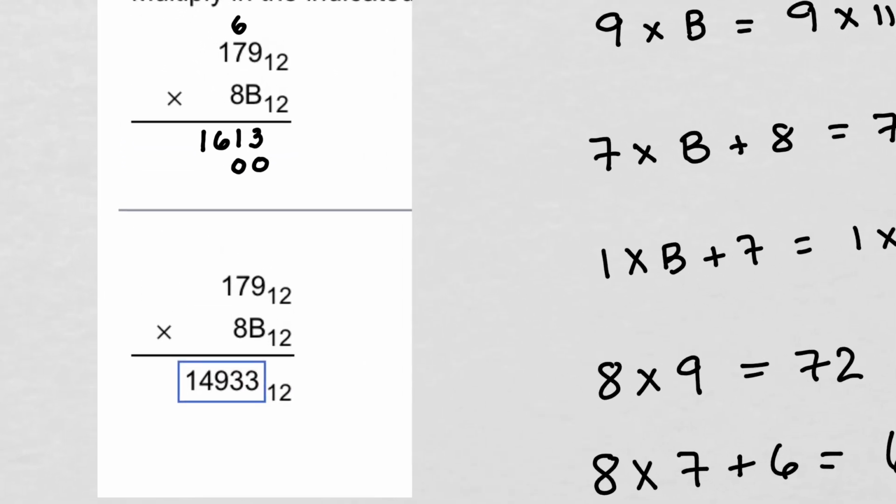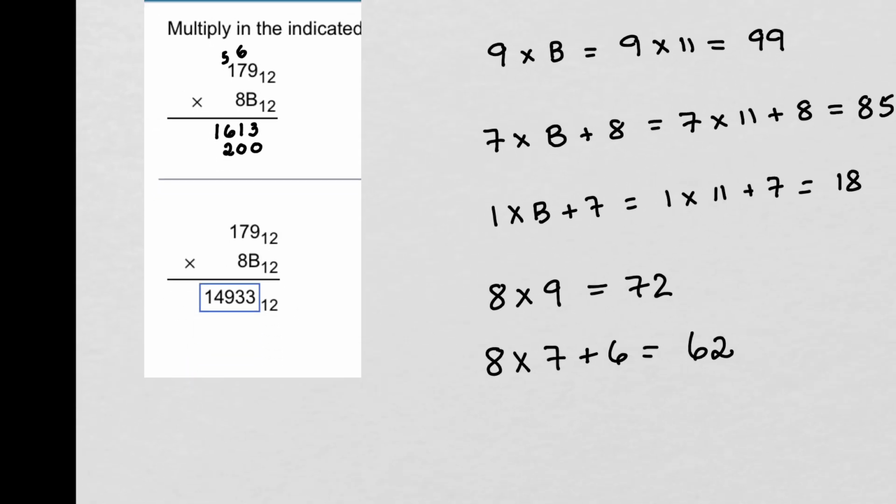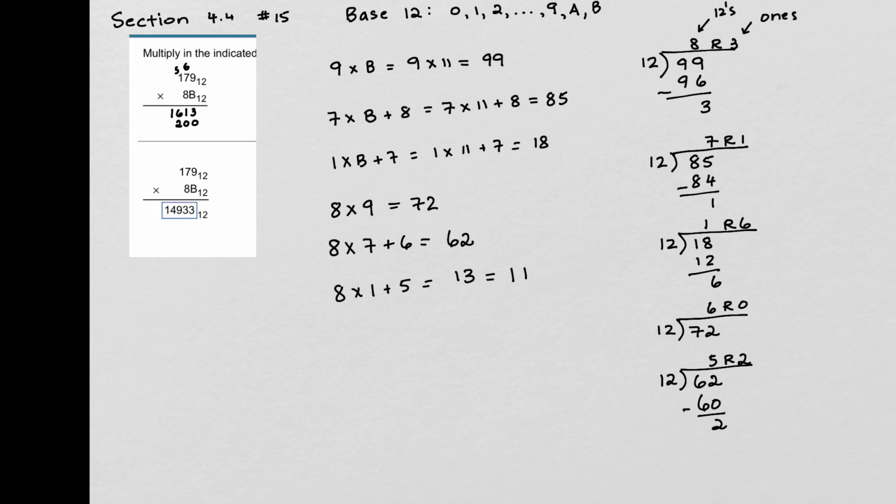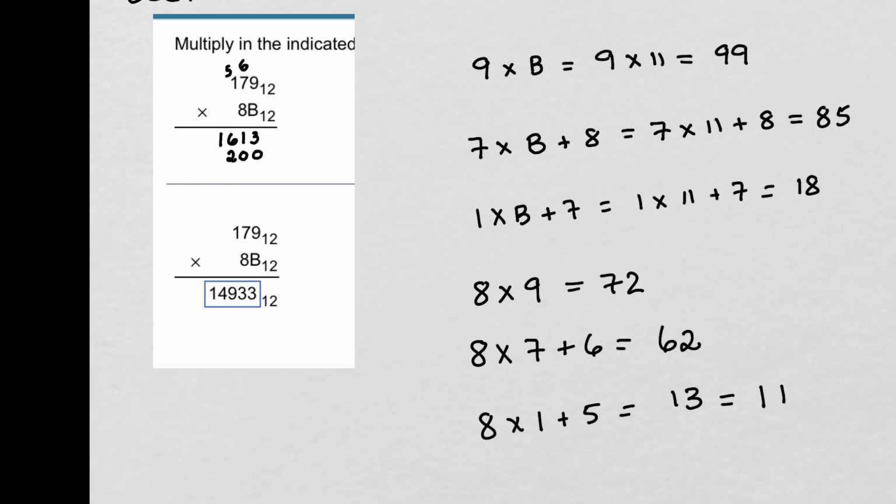Okay, so 2 here, and carrying over a 5. And then we have 8 times 1 plus the 5, and that makes 13. So 13 is one group of 12 with 1 left over, right? Because 12 plus 1 is 13. So I can do the division for that, but I don't really need to do that in this case. And so we put a 1, 1.